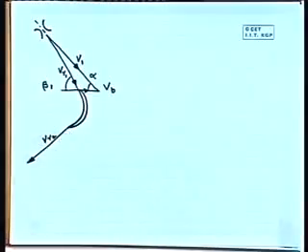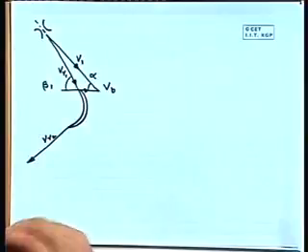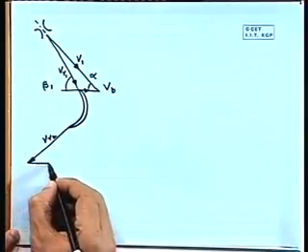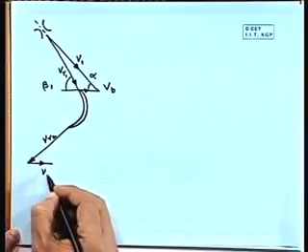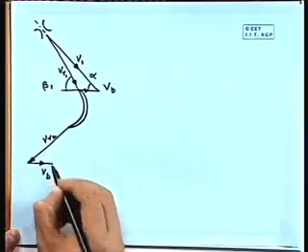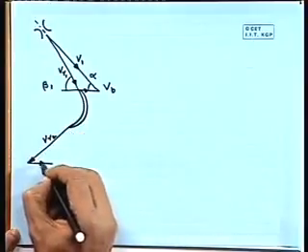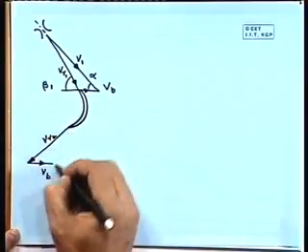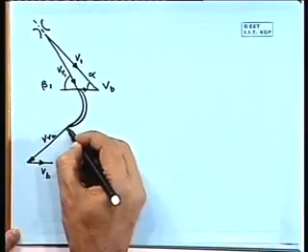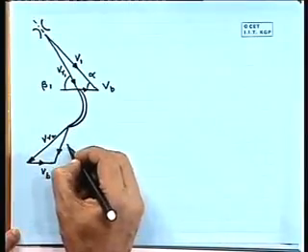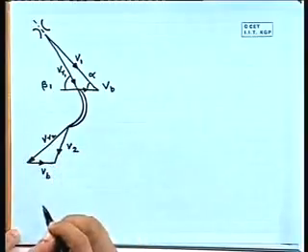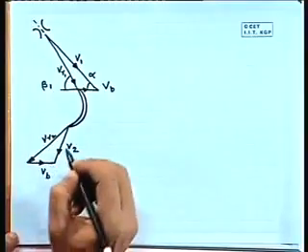Again, Vr2 is the relative velocity at the exit, and it is tangential to the blade at the exit. Then we will have the same magnitude and direction for Vb, the velocity of the blade in the direction of rotation, and joining these two we get the absolute velocity at the exit, that is V2.